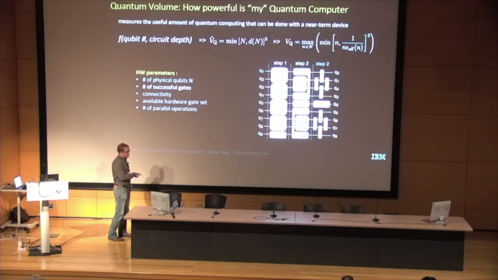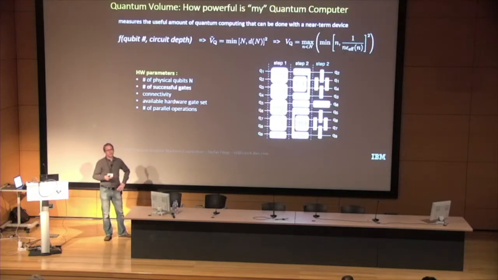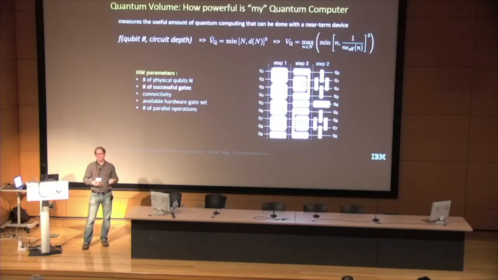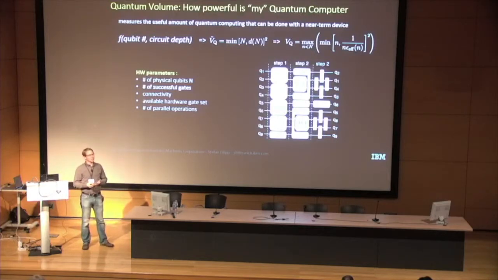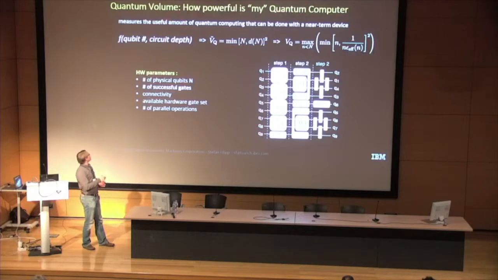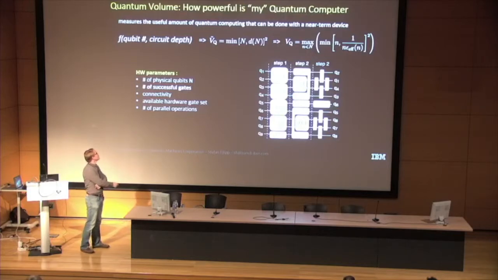So in this context, it's also relevant to think about a metric, because how do I now compare? We can just take now simply the number of qubits that is around, but it doesn't tell us anything about the power, the computational power of this device. So we thought a little bit about the metric, and IBM put out the quantum volume, measuring how powerful is a quantum computer.